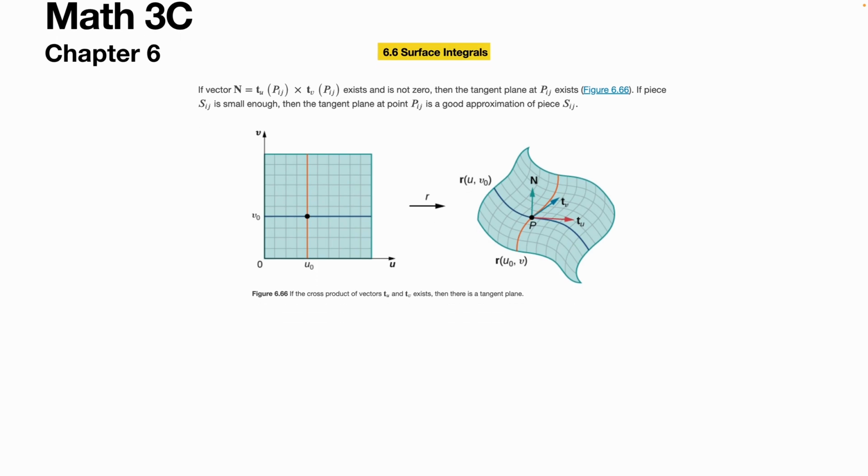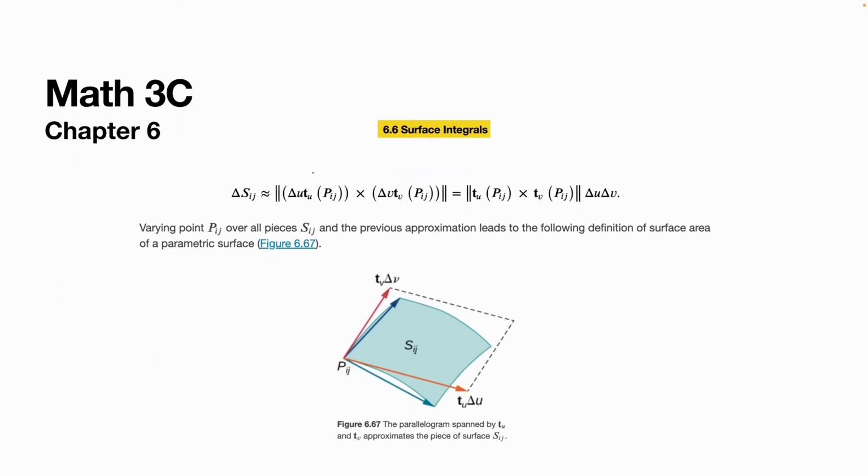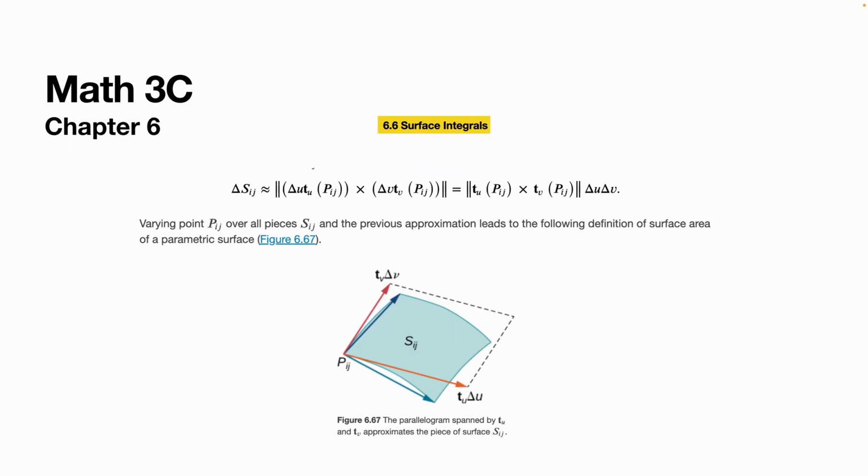Let's write that down. So delta S sub ij. S is for the surface. Take a small patch of the surface. It will be approximated by the size of the parallelogram in the tangent plane.